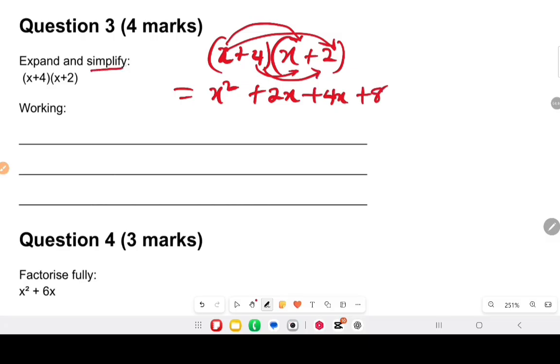Now we want to simplify after expansion, which gives us x squared, 2x and 4x are like terms, which will give us plus 6x plus 8 as the final answer.